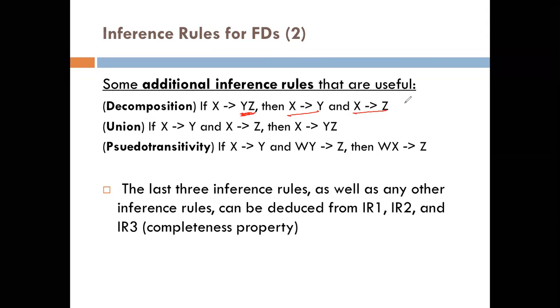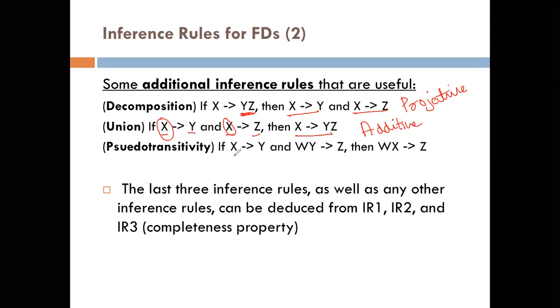This rule is also called the projection rule, or projective rule. The second one is union. If x is determining y and x is determining z, where the left sides are the same, then we can combine the right side. This rule is also called the additive rule.